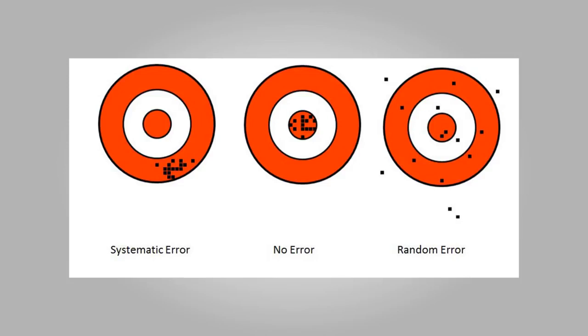Maybe somebody will accidentally answer C instead of D, but I can assume that for every person who accidentally answers one question too low, someone else will answer it too high. Somebody will put an E instead of a D. In situations with a lot of random error, the worst case scenario is that I get just a lot of noise. I can't really tell from my measurements what the population is really like.